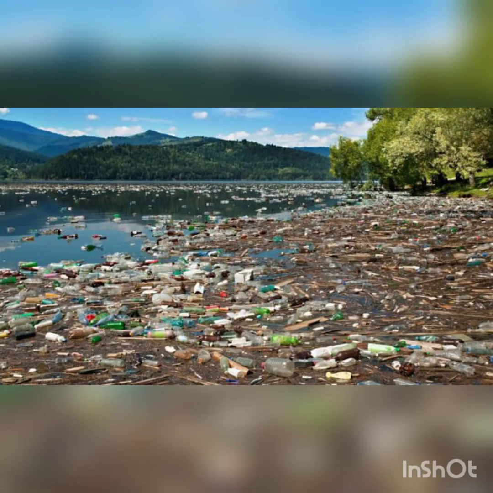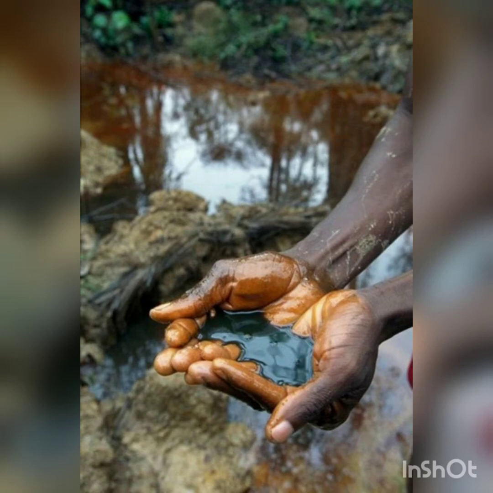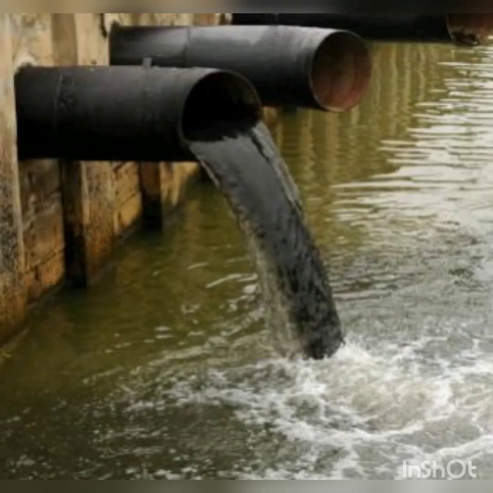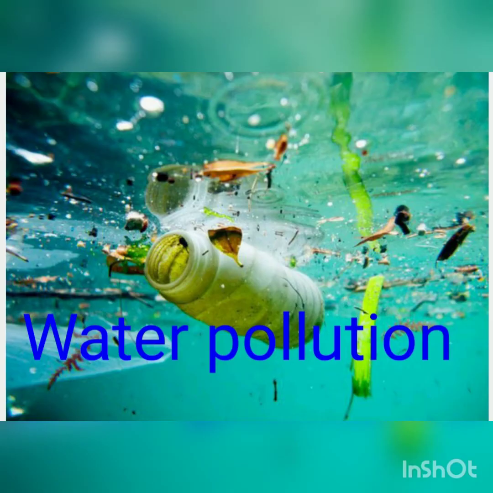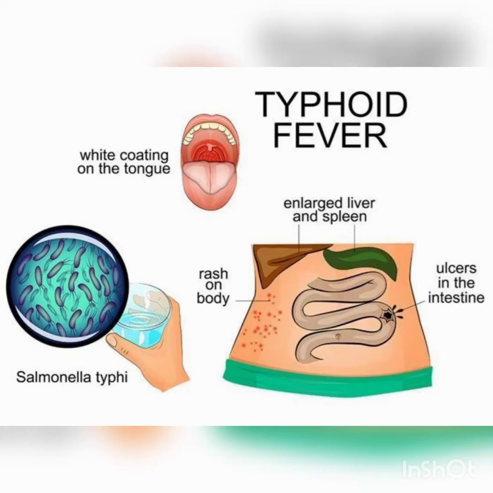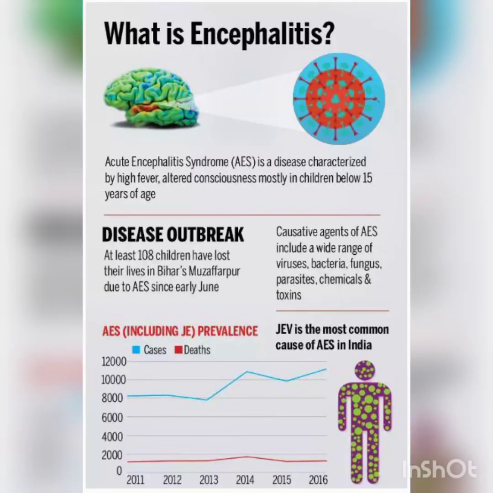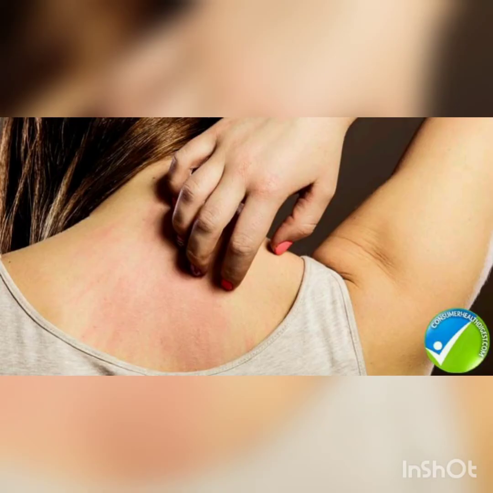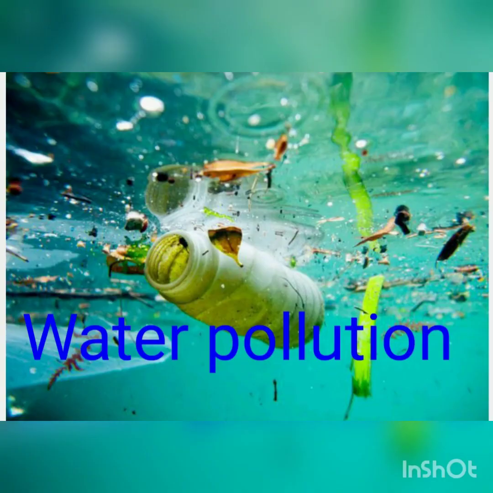Discharge of domestic garbage and lavatory matter into water bodies. 3. Oil spill in seawater. And the last one, runoff from farms treated with pesticides. Water pollution causes diseases like dysentery, jaundice, typhoid, and encephalitis. It also causes various other respiratory and skin infections. So this is all about water pollution.